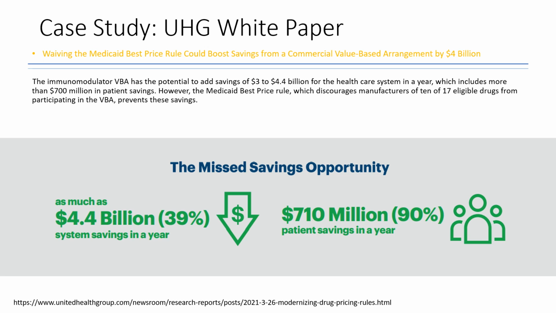We came up with a concept, and we were going to pitch it to all the manufacturers in the class, and it was going to result in a significant amount of savings to the healthcare system and patients themselves.